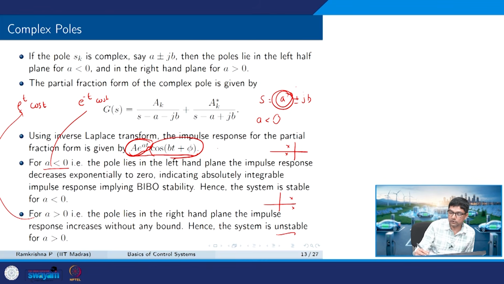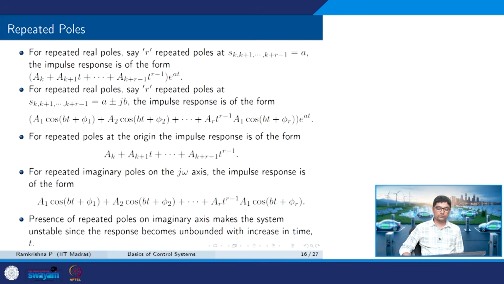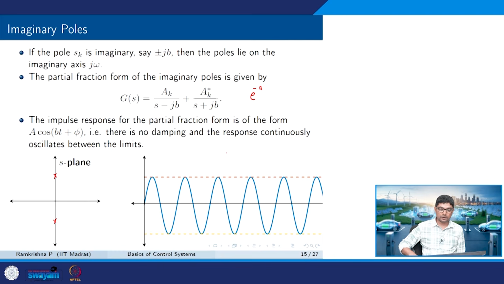If A equals 0, e^(at) goes to 1, and I am only looking at the sinusoidal term with some amplitude, which means the system response will be oscillatory, or I will call this marginally stable. The response does not go unbounded, but it also does not settle down to a value.